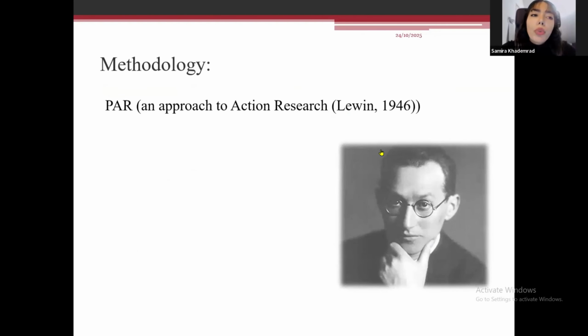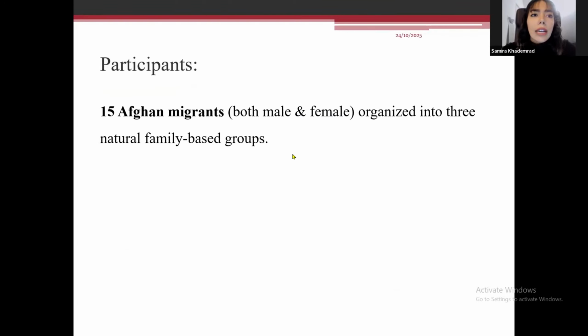Well, how was this study conducted? A research approach was adopted. We adopted PAR, Participatory Action Research, which actively involves participants in identifying challenges and co-developing solutions, which we can say is a qualitative design. The study involved 15 Afghan migrants, both male and female, organized into 3 natural family-based groups.